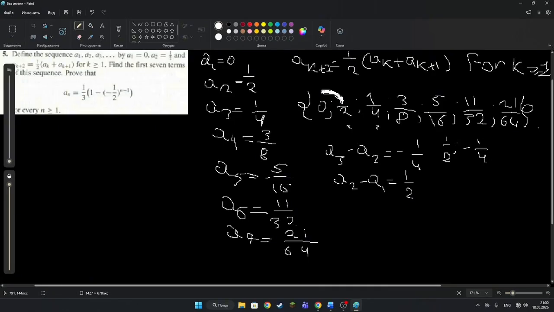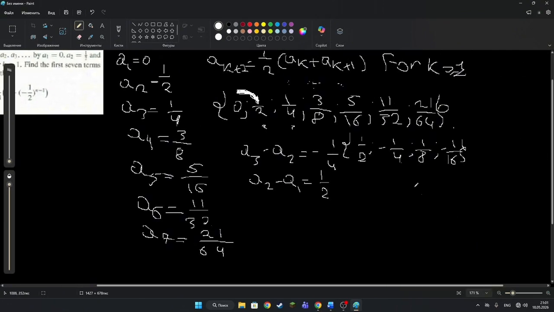If we take the next two, we get 1 divided by 8. If we take the next two, we get minus 1 divided by 16. So that is our formula.